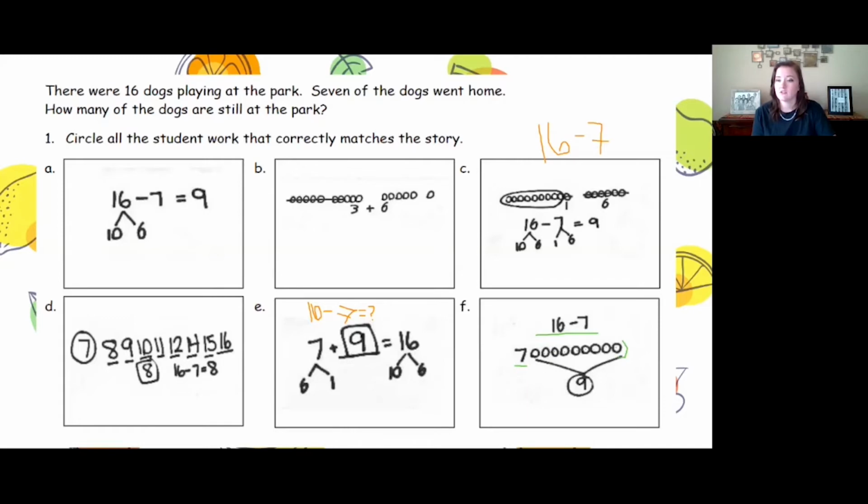So this last circle is equivalent to the 16. And all they did was they noticed that there was 9 circles, and that turns into, once again, 9 plus 7 or 7 plus 9 equals 16. Nice job. Did you think of any other strategies that you could have used, or did you see a strategy that you love to use?